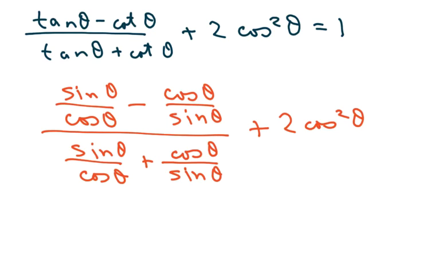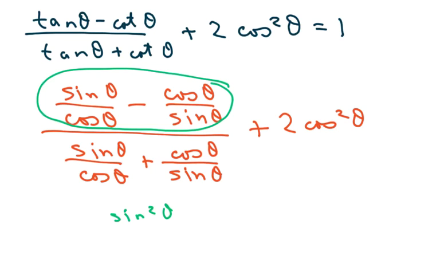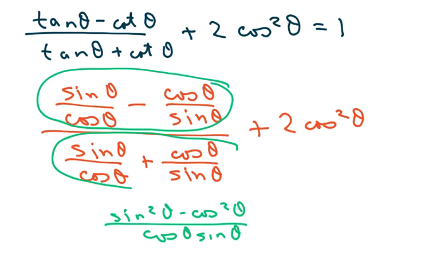All right, I can rewrite this with a common denominator, and we've been doing that. So that's going to be sine squared minus cosine squared of theta over cosine theta times sine of theta. And this part is going to be, I didn't leave enough room, so I'm going to just put it over here.